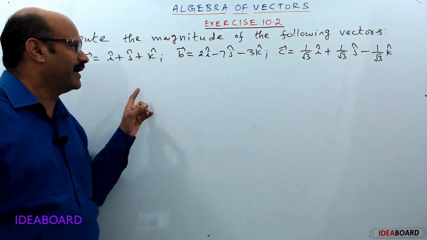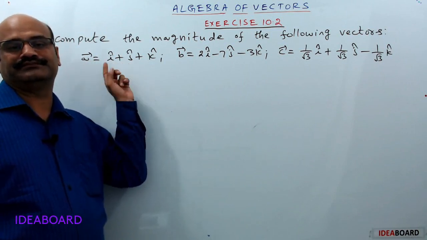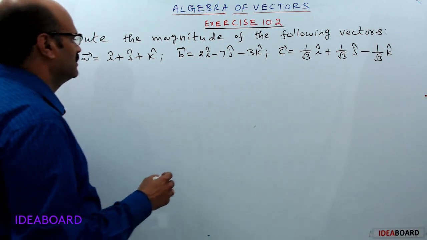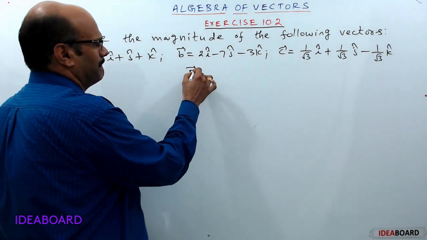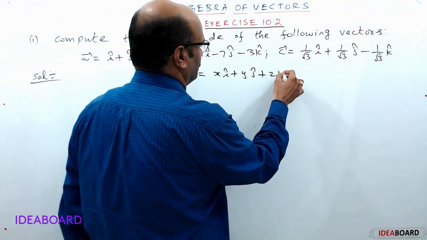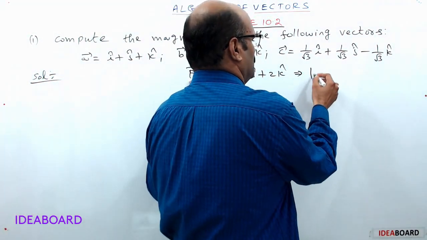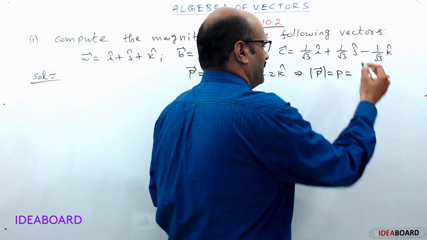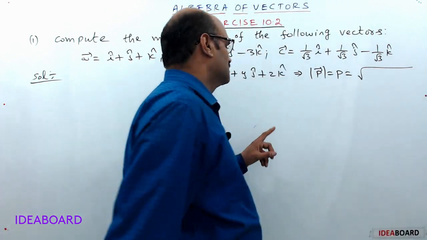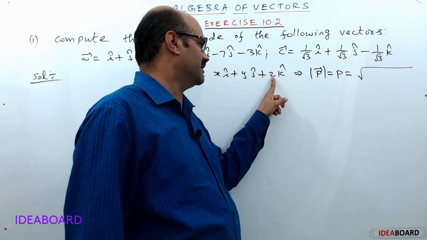Now, we find the magnitude of the vector A. We know that whenever we have a vector P, xi cap plus yj cap plus zk cap, the magnitude of P vector is denoted by modulus of P vector equal to square root of the scalar components of this vector x, y, z.